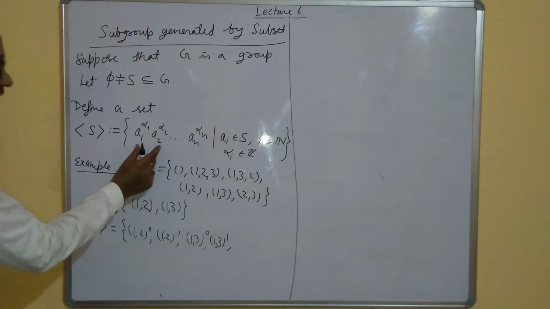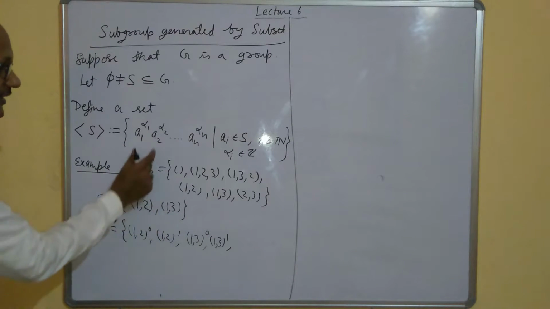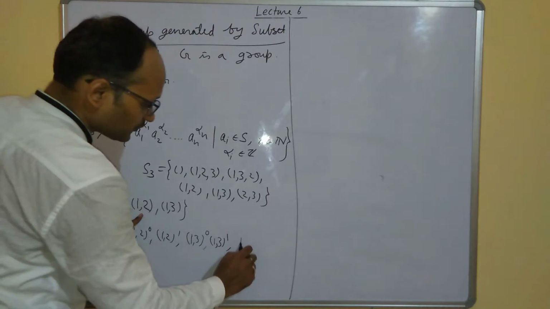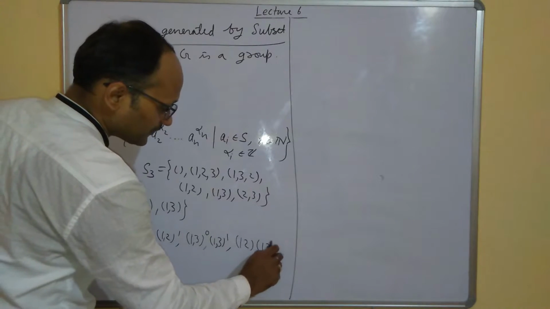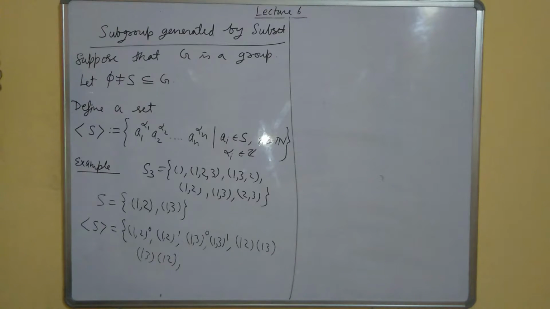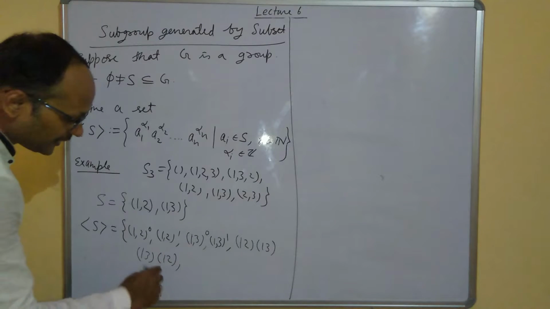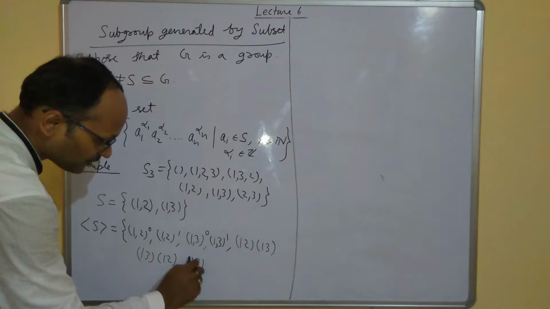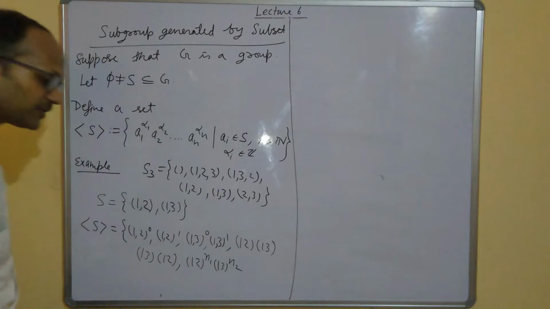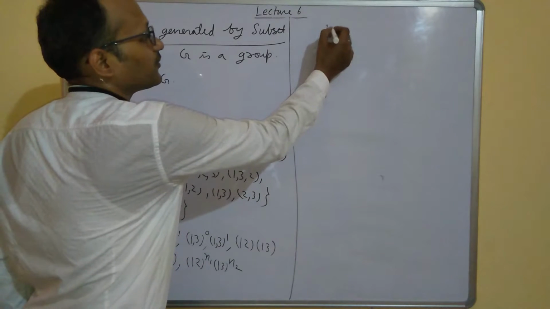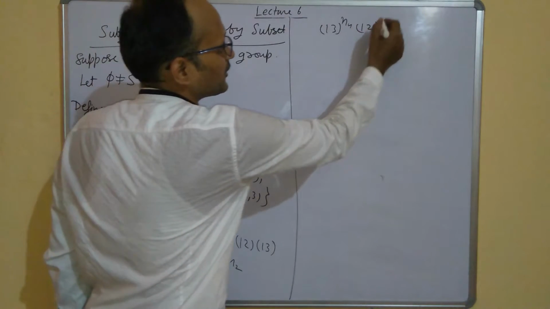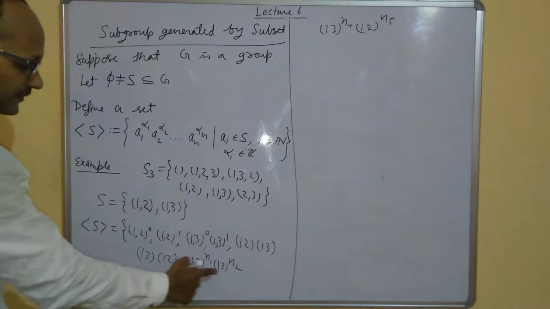Now all the products, so (1 2) and (1 3)'s product will be here. So what types of product? (1 2)(1 3) or (1 3)(1 2), this type of product, or any other type of product, that is (1 2) to the power of some integer n1 and (1 3) to the power of some integer n2 will be here, or in another way (1 3) to the power n4 and (1 2) to the power n5 will also be here.